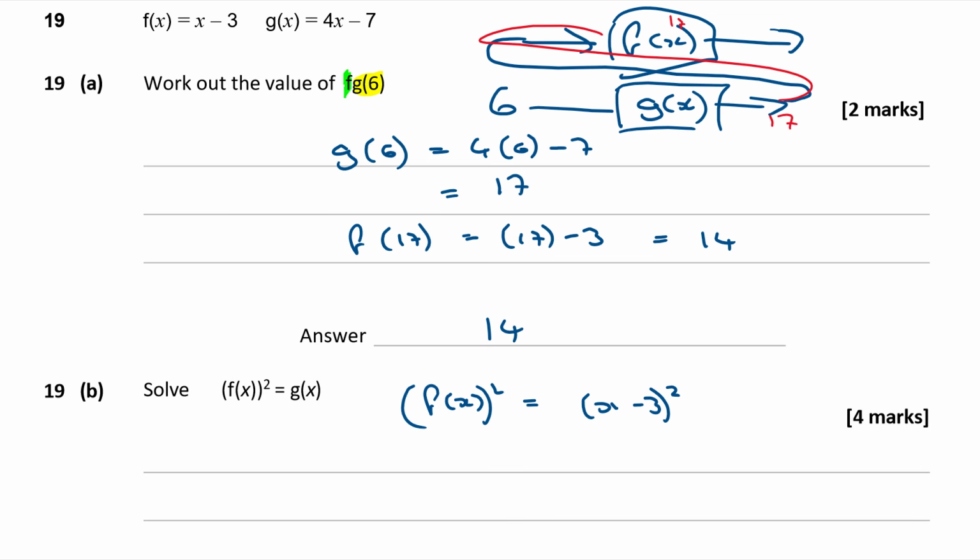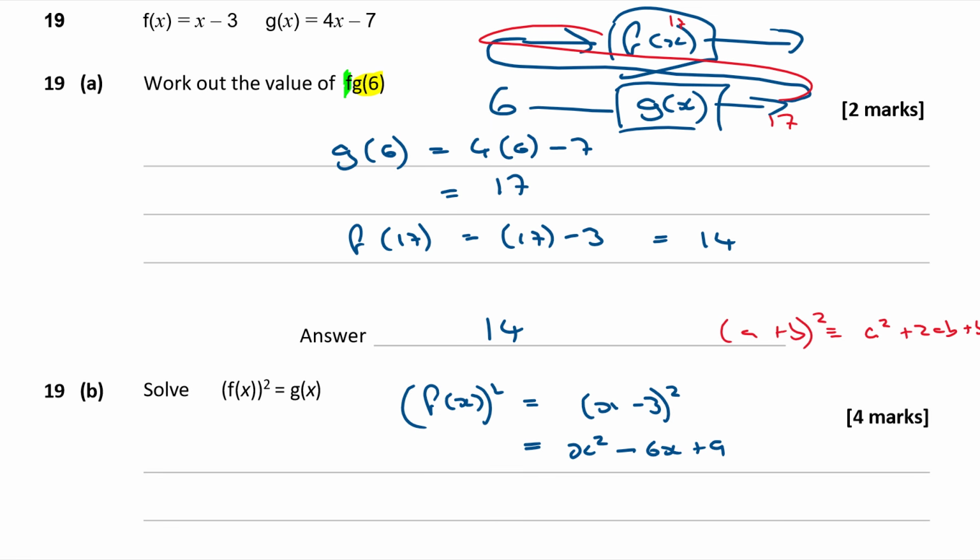So if I'm squaring that one, do you know your perfect square identity? A plus b all squared is identical to a squared plus 2ab plus b squared. It's kind of helpful when you're multiplying out these brackets, because it means I can just do this. That's going to give me x squared minus 6x plus 9.